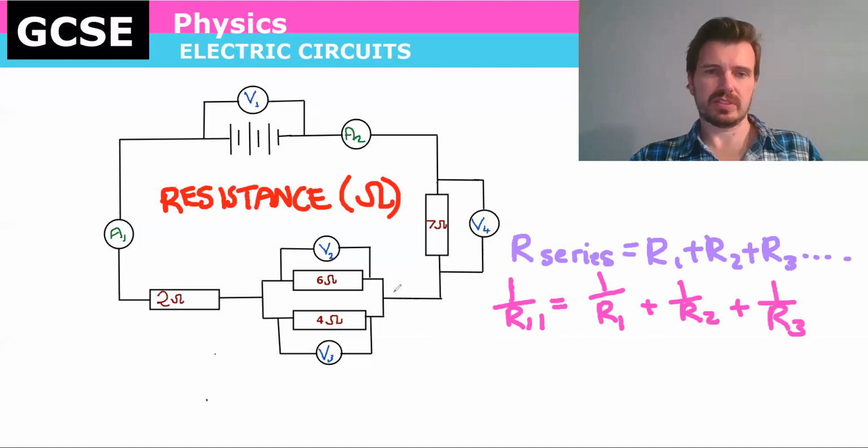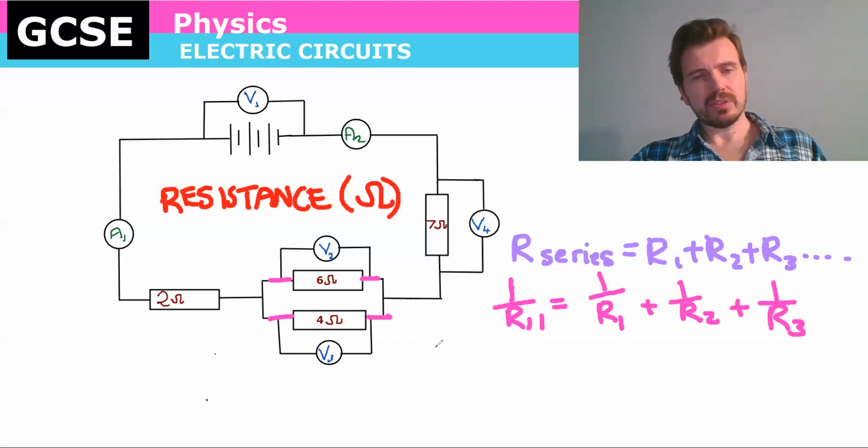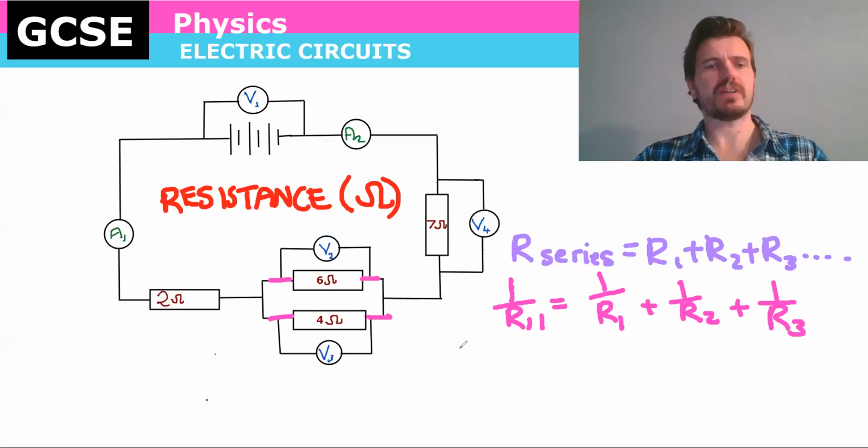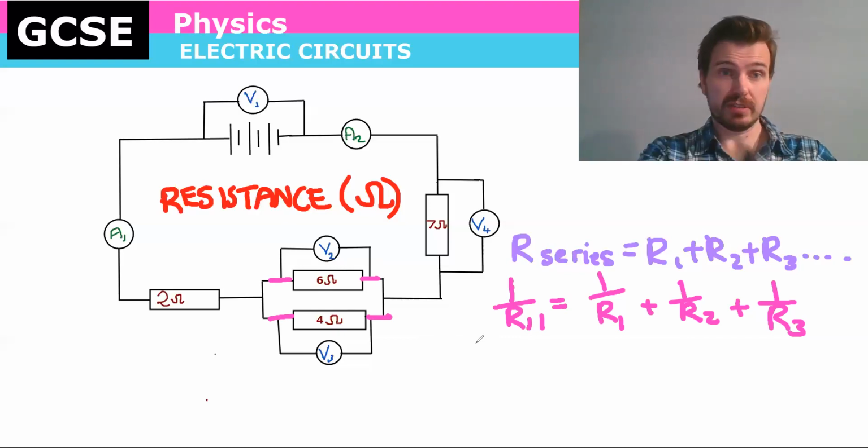So parallel resistors, those are these ones here, the 6 ohm and the 4 ohm, because you can see the parallel lines connected in parallel. Now, what I want to do is calculate the total resistance of the circuit. Because if I can do that, and they give me the voltage coming out of the battery, that would allow me to work out my current.